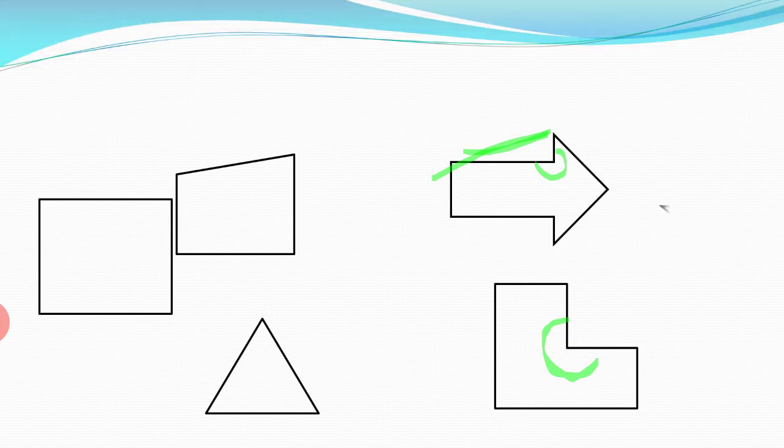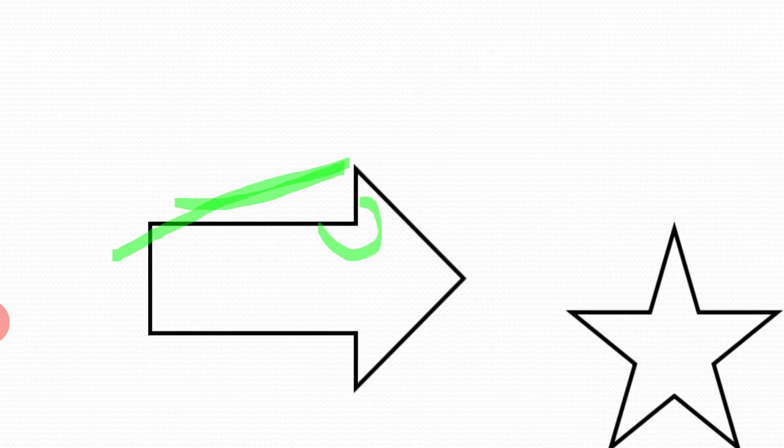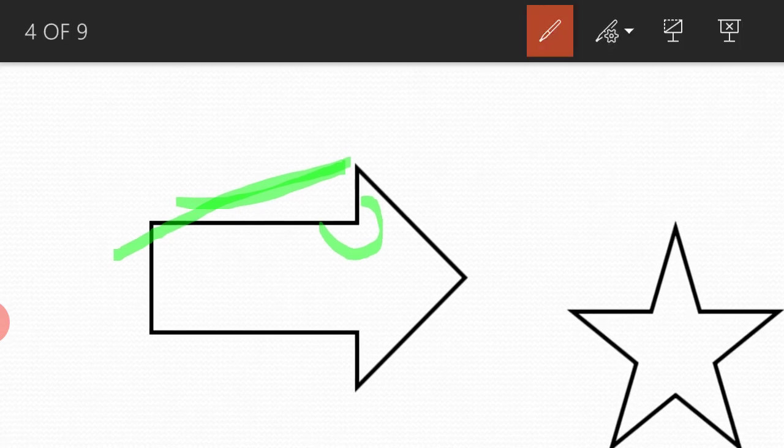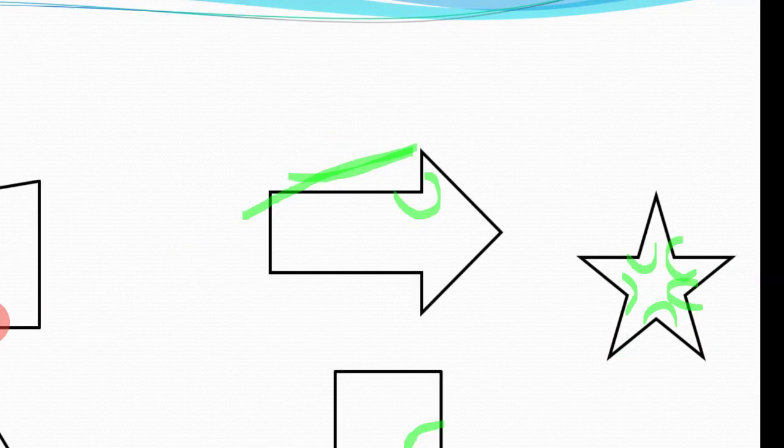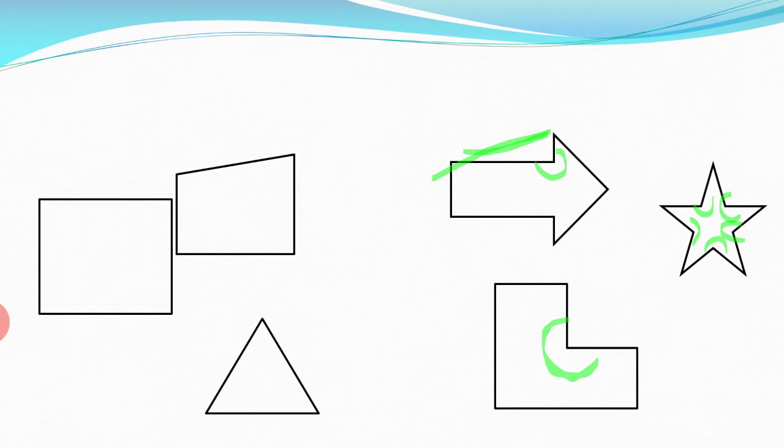Are you getting it? The next one, what about this particular figure? You will find there are many reflex angles here. Can you see? All these angles are reflex angles. So this is a polygon, but it is a concave polygon. Now I hope you have understood the difference between convex and concave polygons and how to identify them. There are two criteria.